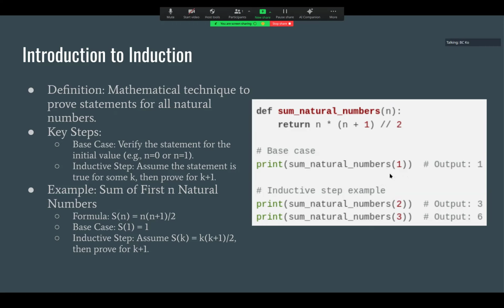For the base case, when n is 1, the function returns 1. For the inductive step, we can check that the function works for n equals 2 and n equals 3.